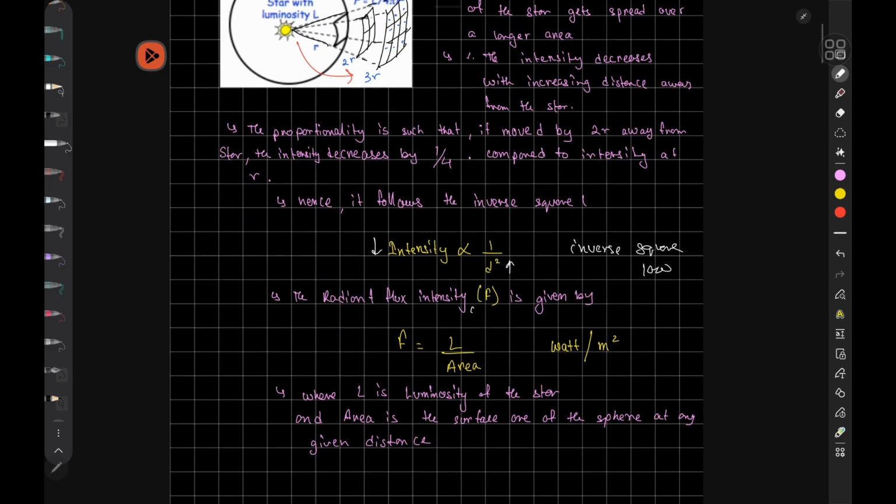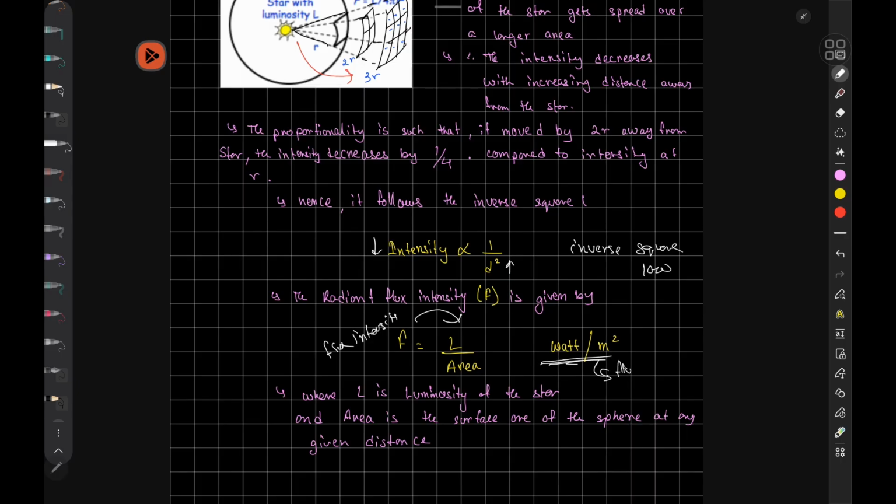And radiant flux intensity, which is denoted as F, we can write the entire formula as: flux intensity is equal to total luminosity or total power divided by the area that power covers. So watt per unit area.